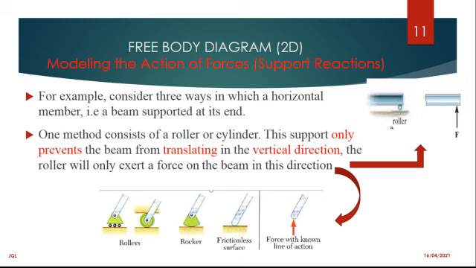So, when you look at this, this is just not a complete beam. If it's a complete beam, we need to have another force there. This will be the opening space I'm talking about. So here it is being supported by a roller. What does it mean by a roller?